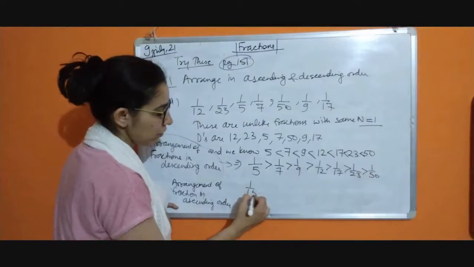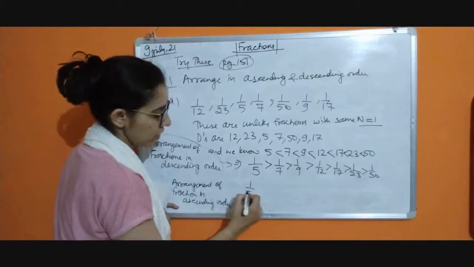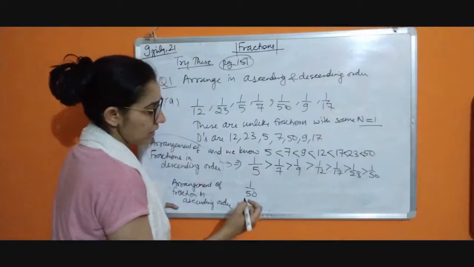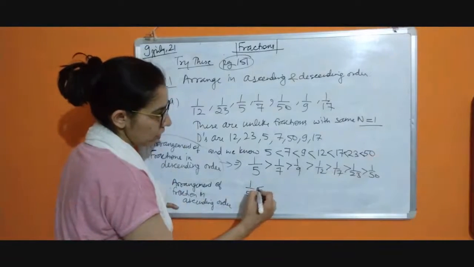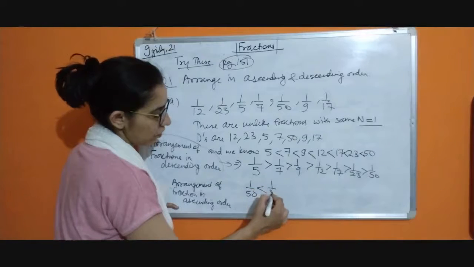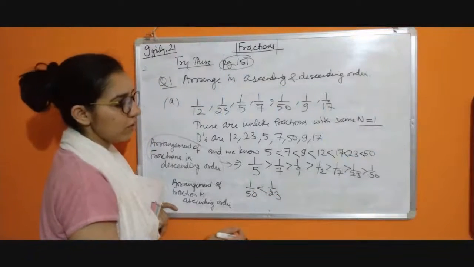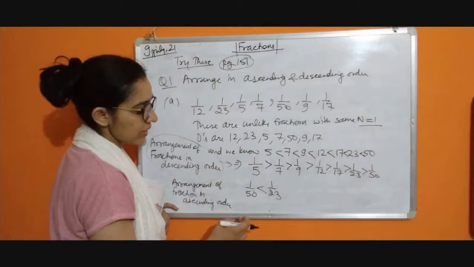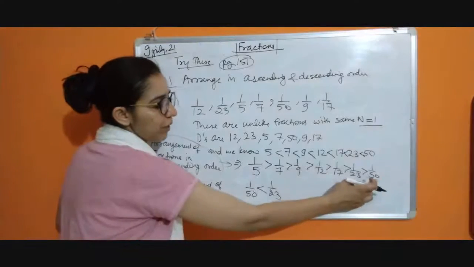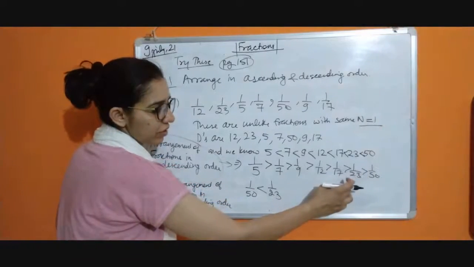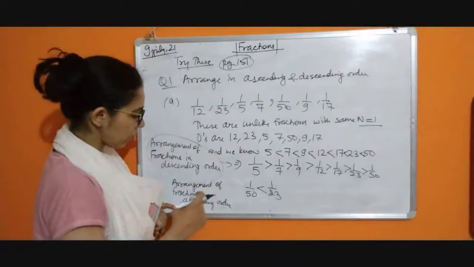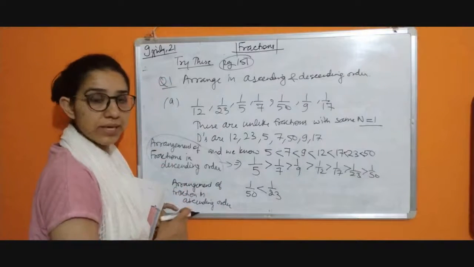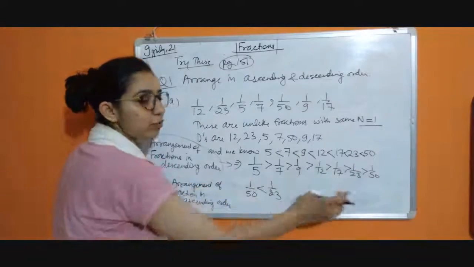It is going to be 1 by 50. The next number is going to be 1 by 23. We will take care of the less than, greater than sign. 1 by 50 is less than 1 by 23. Even if we are arranging the fractions in descending order, that fact won't change.